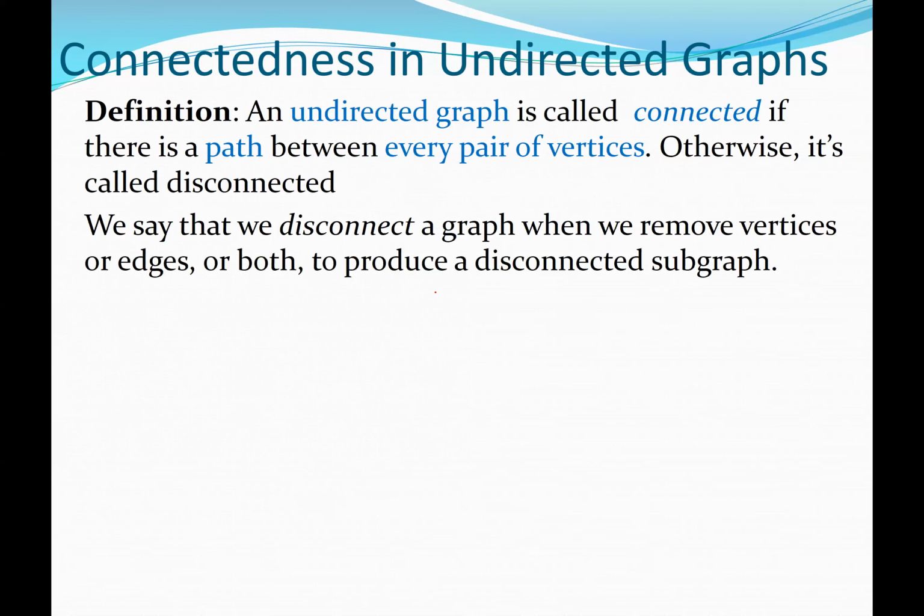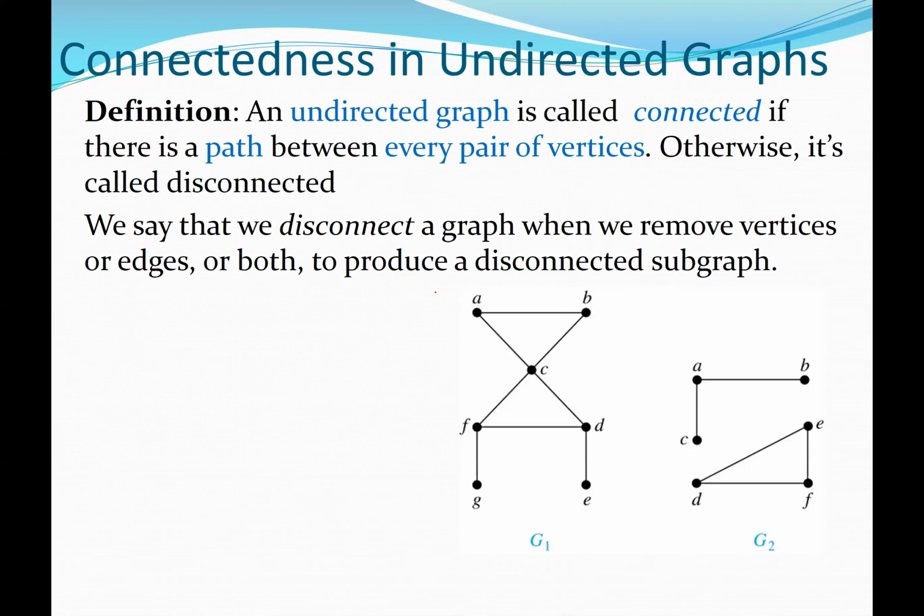If the graph is not connected, then it is disconnected. We can disconnect a graph by removing vertices or edges to produce a disconnected subgraph. Here I give you 2 graphs, G1 and G2. In G1, you can pick any pair of vertices and find a path between them.